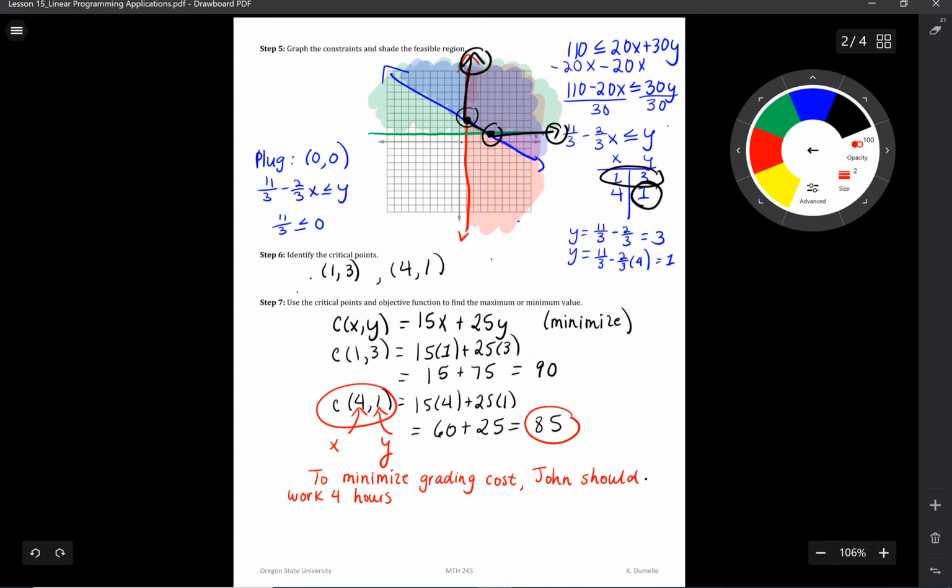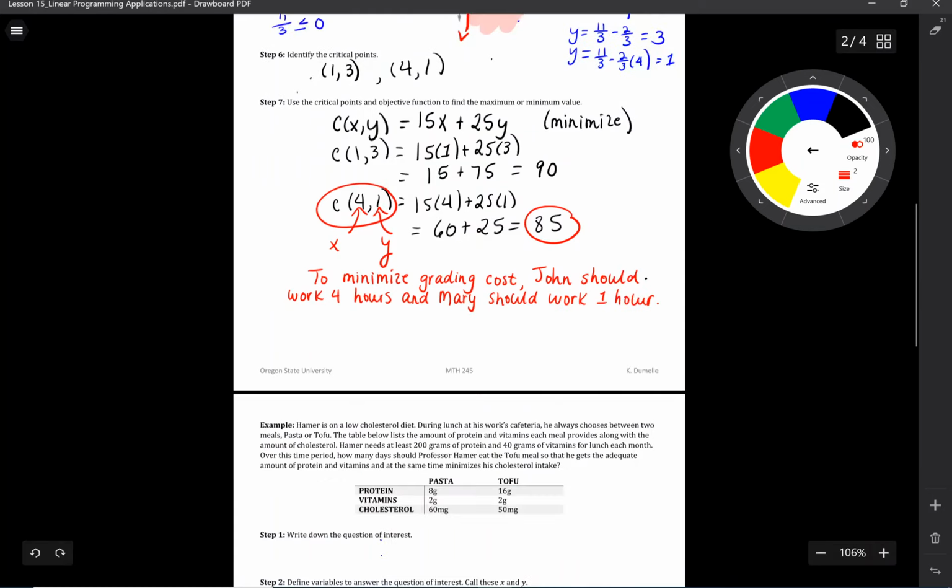And Mary should work 1 hour. Pretty cool, right? We parsed through all that information and we found our solution. All right, let's go on to another example.